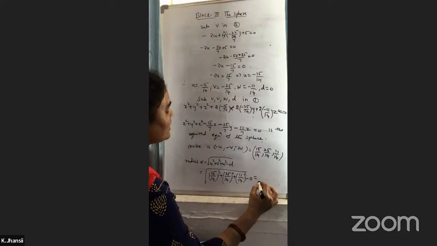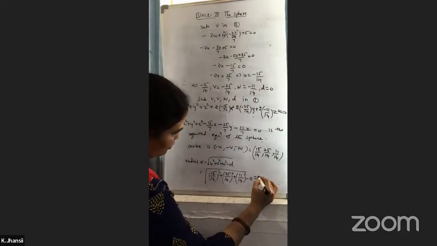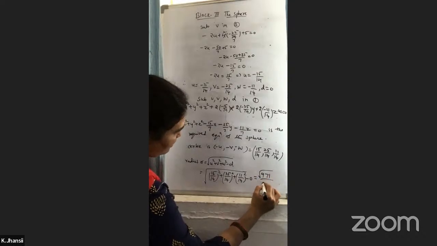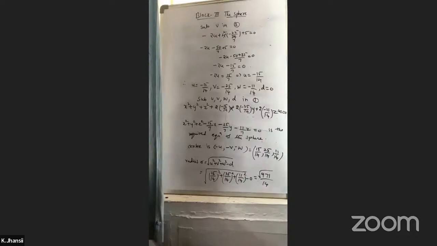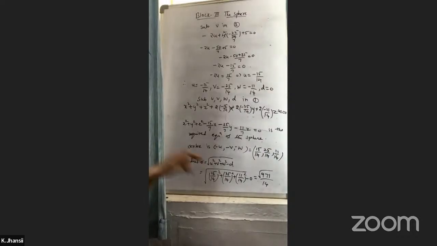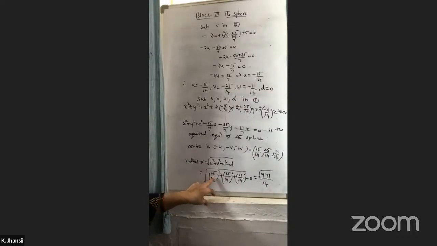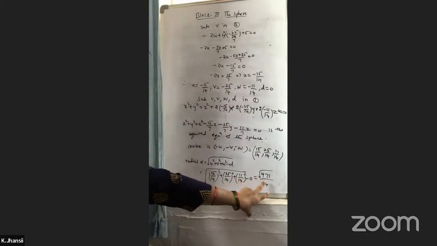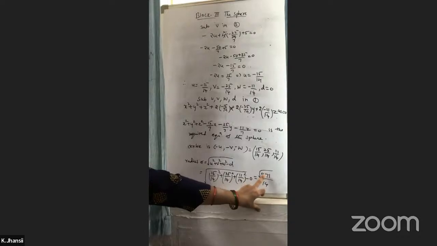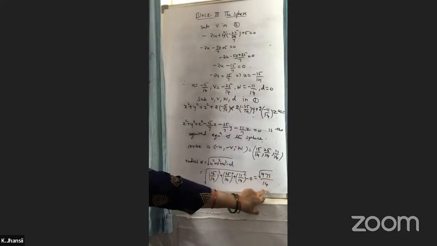Okay. So you'll get the answer as root of 971 by 14, all squares are there. No? So 14 square means you'll get some 256, I think. So again, when you do the root of that, you will get 14 only. So in the denominator, no root. Only in the numerator, we have root of 971 by 14.